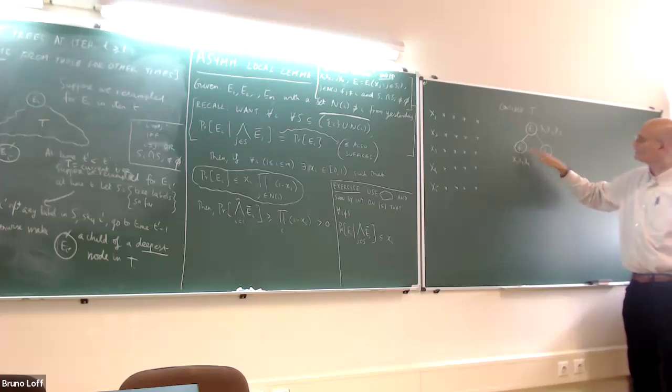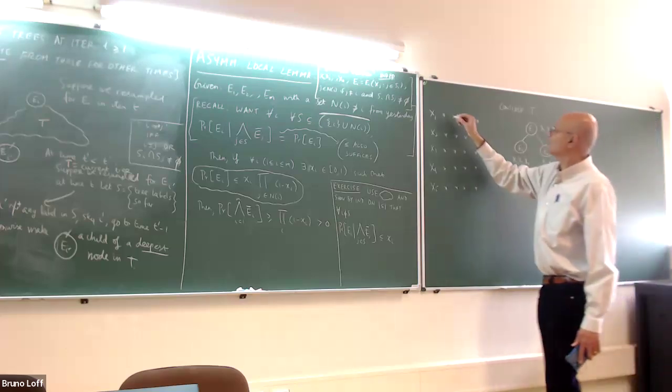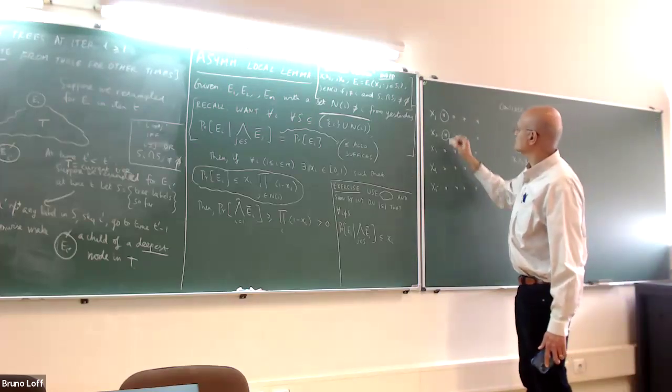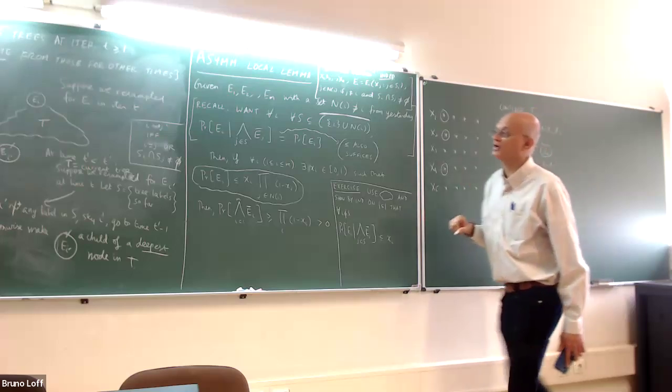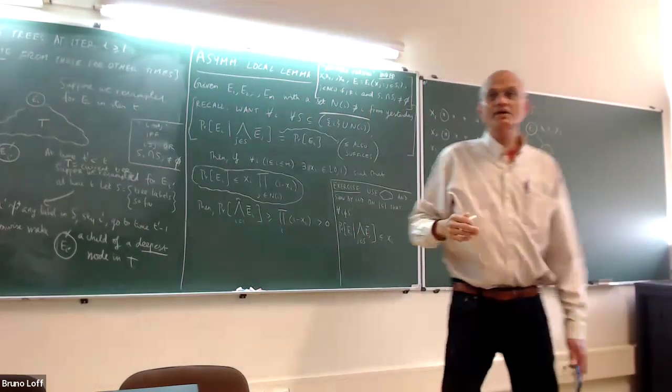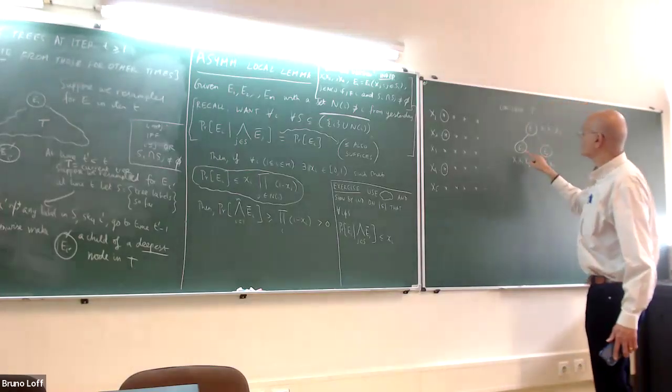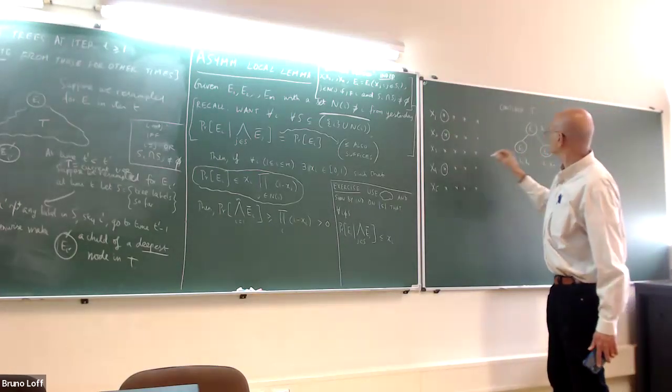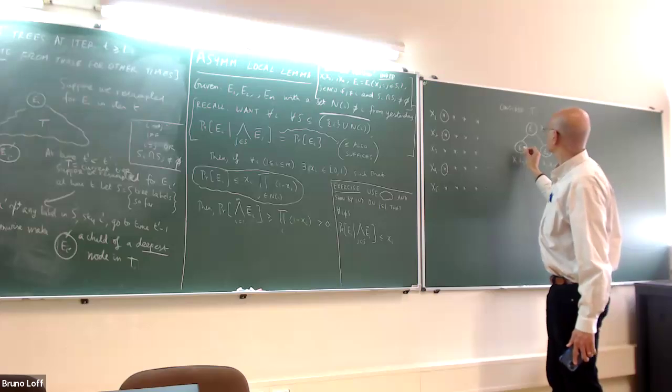Why did this EJ happen? It is because of this choice of x1, x2, and x4 that happened in the 0th iteration of Moser-Tardos.